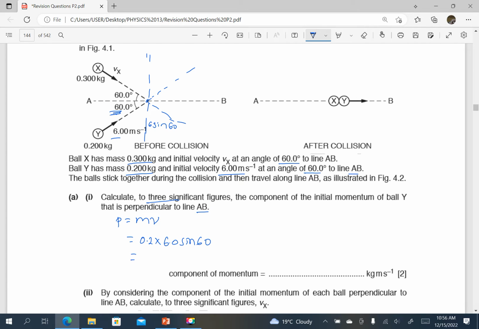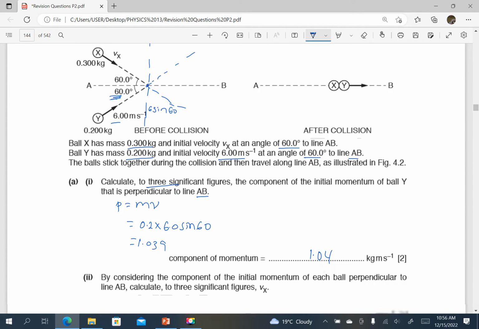And when I press my calculator, this gives me 1.039, approximately 1.04, because they wanted the 3 significant figures.